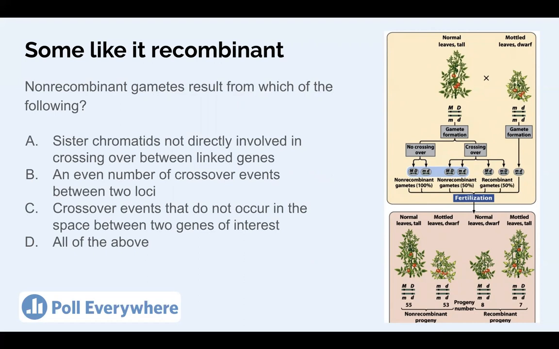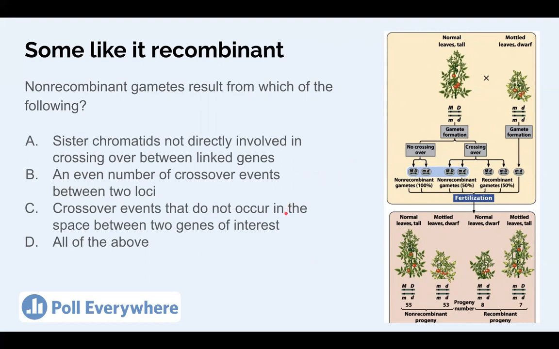All right, another consideration is that crossing over could happen more than once. So an even number of crossover events between two loci could also get you a genotype for the gamete that doesn't look like a recombinant genotype.